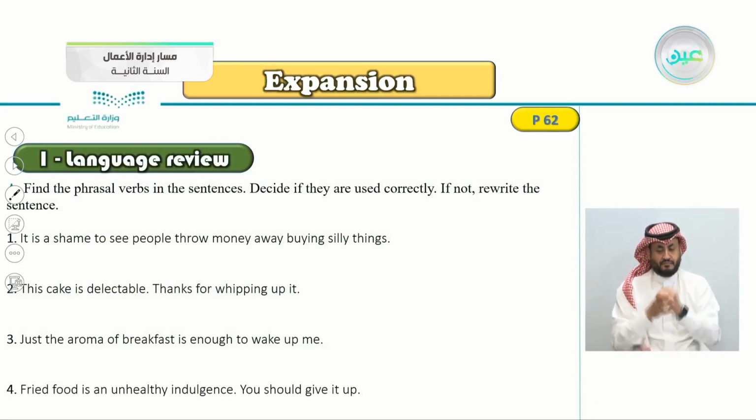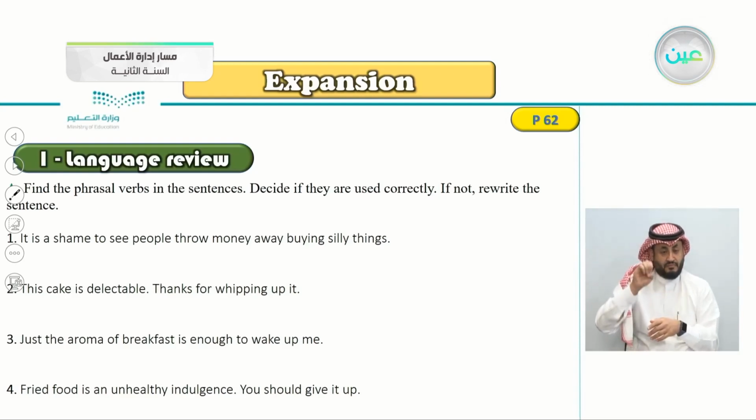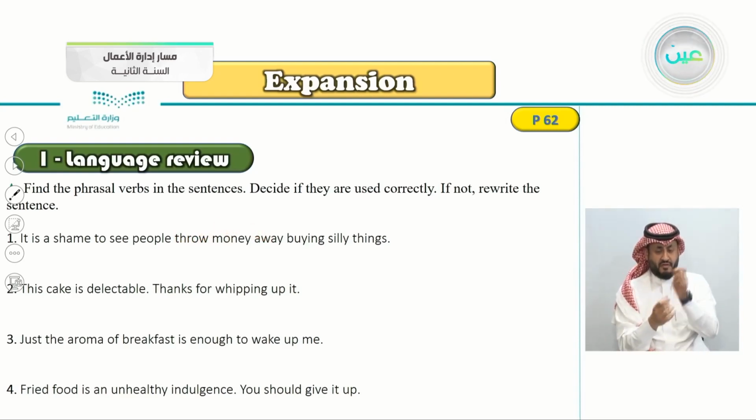Number 1, it is a shame to see people throw money away buying silly things. So where is the phrasal verb here? So the phrasal verb here is to throw away, and the object here is money.